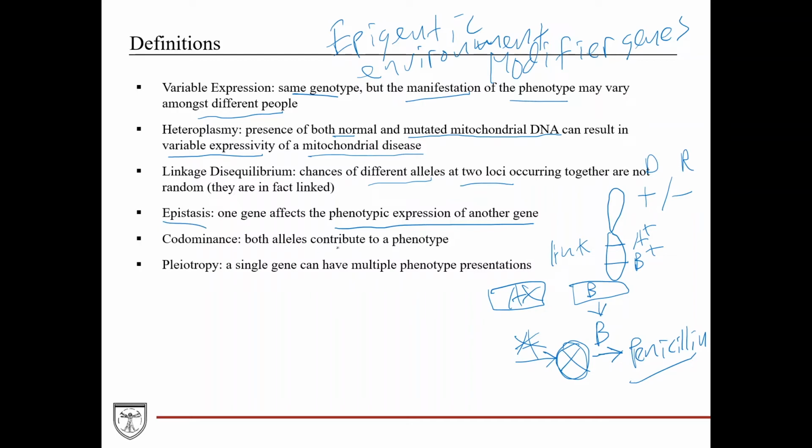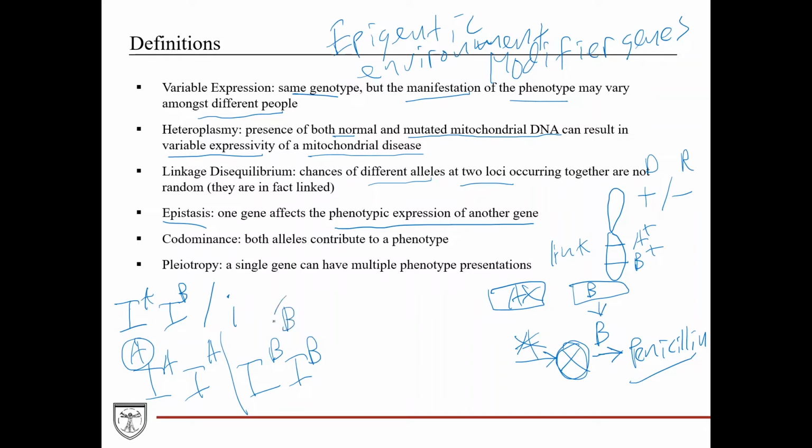Codominance is when both alleles contribute to a phenotype. So a good example of codominance is blood type. You can have IA and IB. These are both considered dominant. And then you can have the lowercase i allele. A person can have 2 copies of the IA, and this would be blood type A. They can have 2 copies of the IB, and this would be blood type B. These would both be dominant alleles or dominant expression.